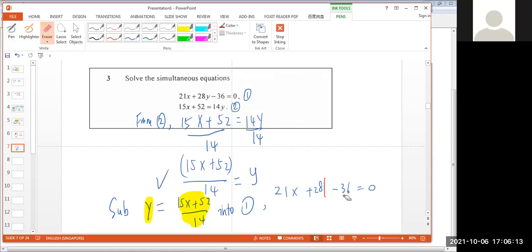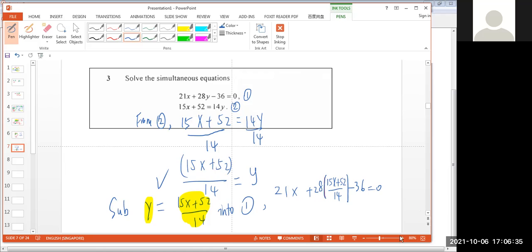I need more space. So I just replace the y with 15x plus 52 divided by 14. Okay, so far so good.